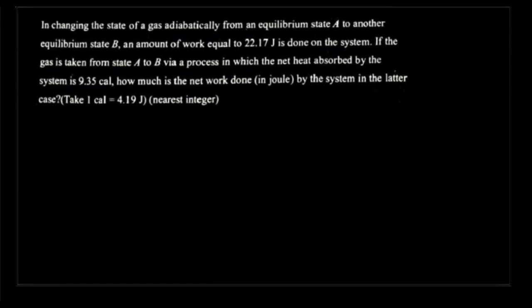So next one, in changing the state of a gas adiabatically from an equilibrium state A to another equilibrium state B, an amount of work equal to 22.17 joules is done on the system. If the gas is taken from A to B via a process in which the net heat absorbed by the system is 9.35 calories, how much? So first it is done adiabatically.